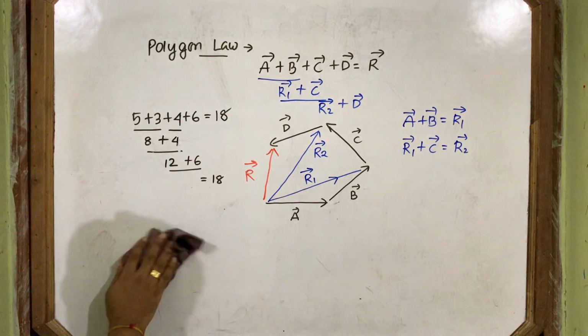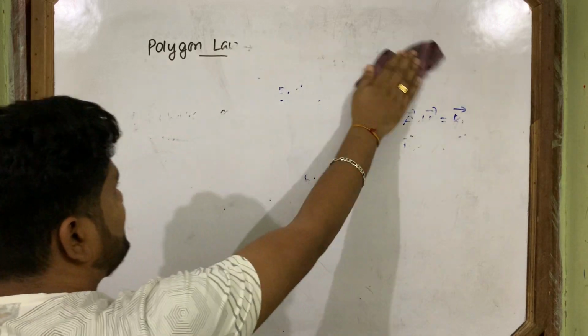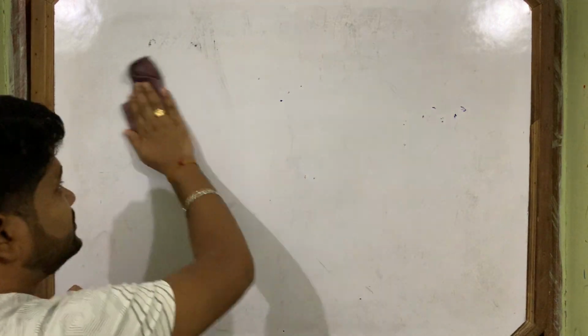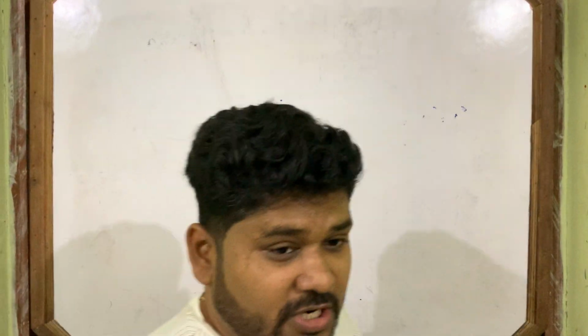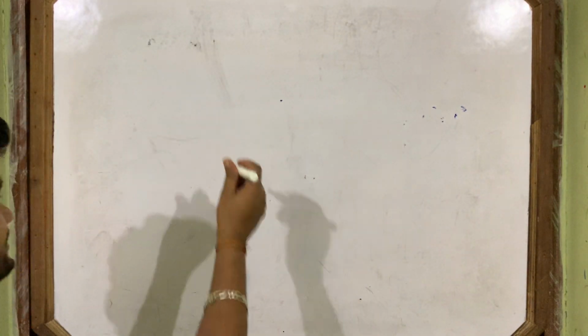This is the polygon law. So in this polygon law, this is all about the polygon law, all about the vector addition. Now I will go to vector subtraction, the next operation of a vector. Okay, so subtraction of vector.